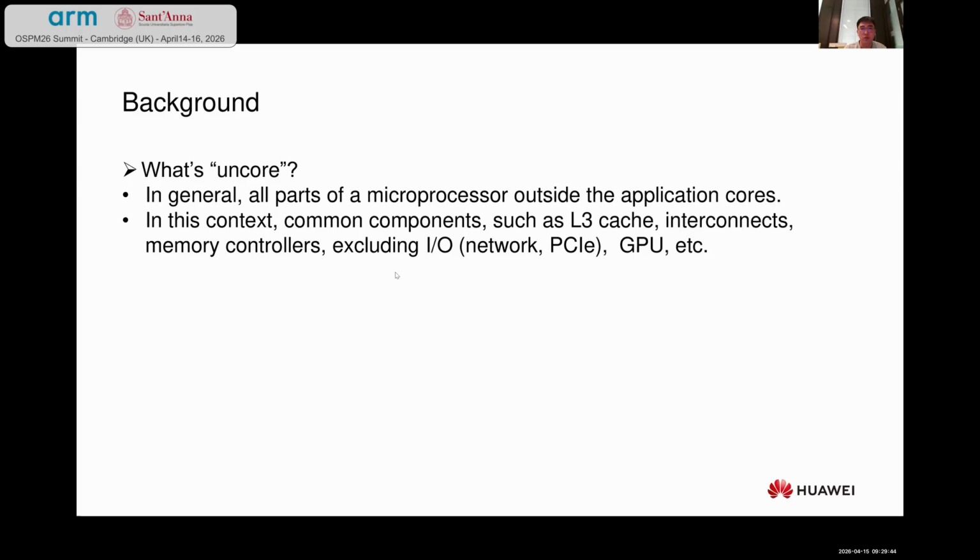They exclude some I/O controllers, such as network, PCIe, or GPU, because we regard those I/O resources as application units, since they mainly execute the workload for the CPU. They're like accelerators.